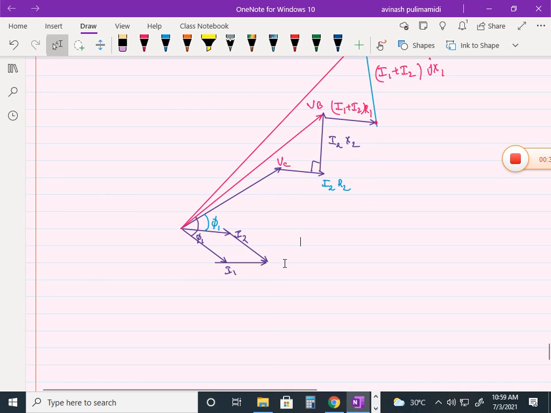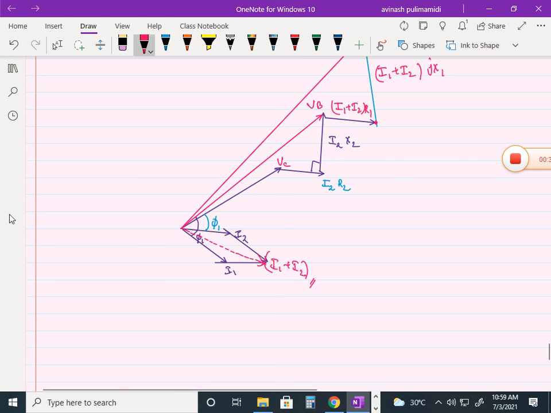So the resultant is the total I1 plus I2. Hope everybody understood.